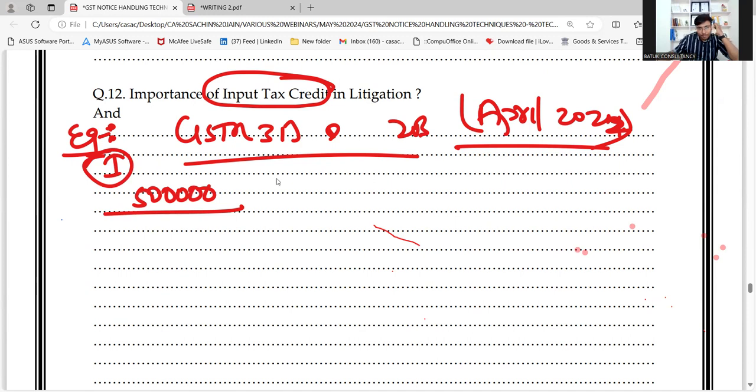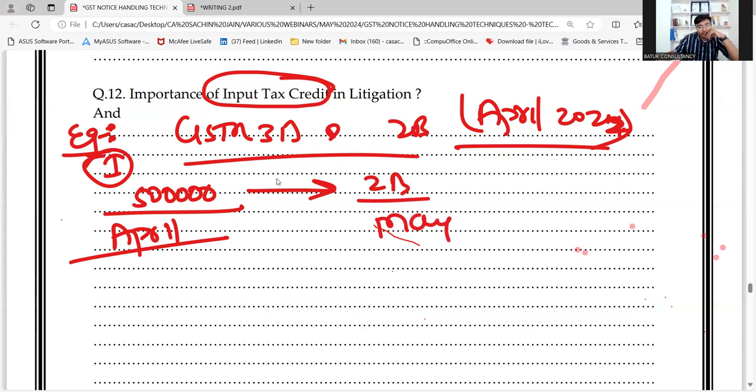Okay, and in 2B, I have claimed this input tax credit in April month, but the same was available in GSTR 2B in May month.